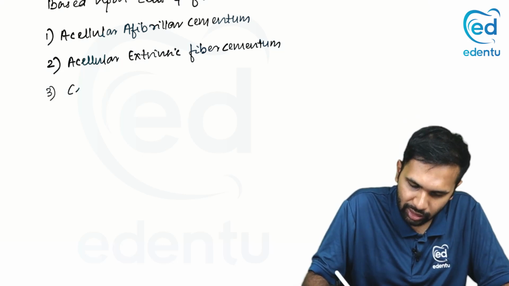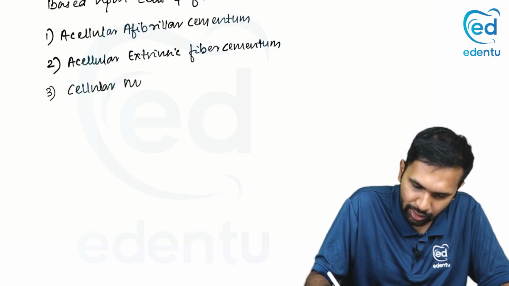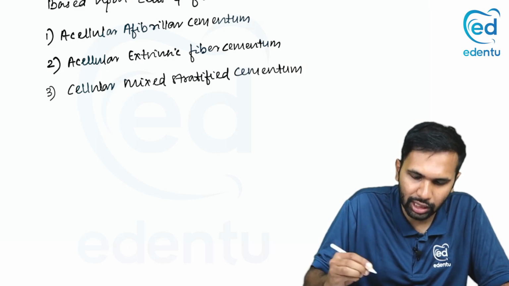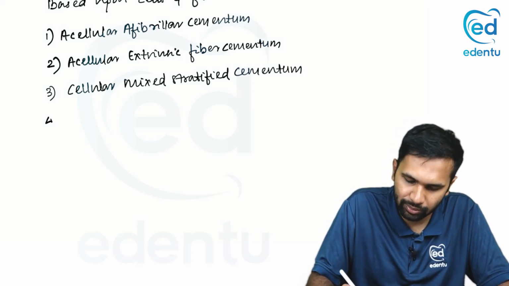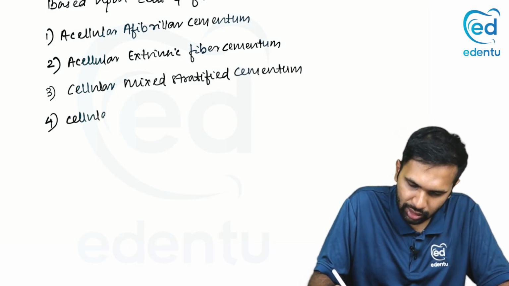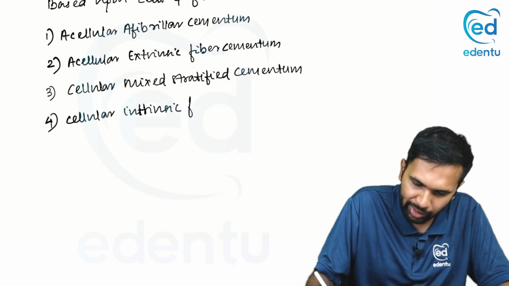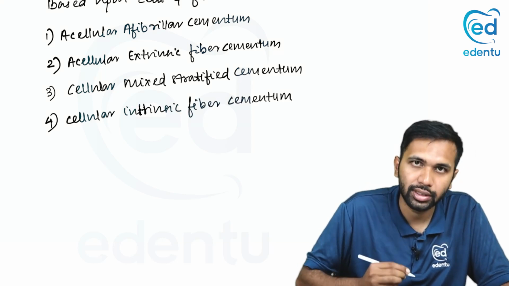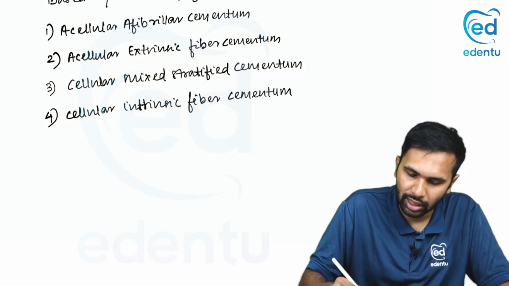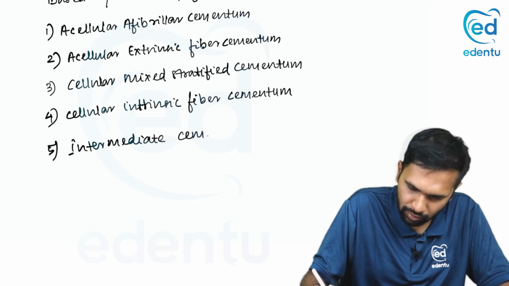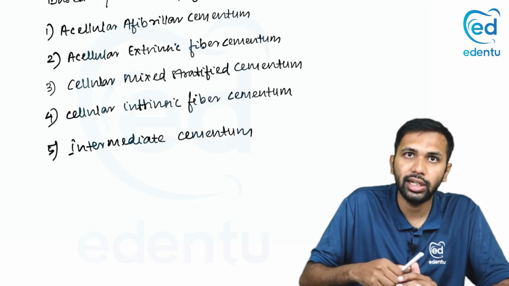The third one was cellular mixed stratified cementum. The fourth one is cellular intrinsic fiber cementum. And the fifth type was intermediate cementum.